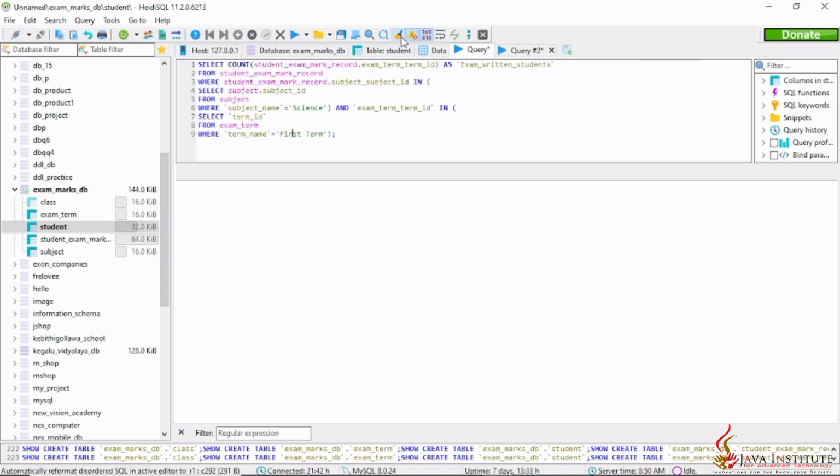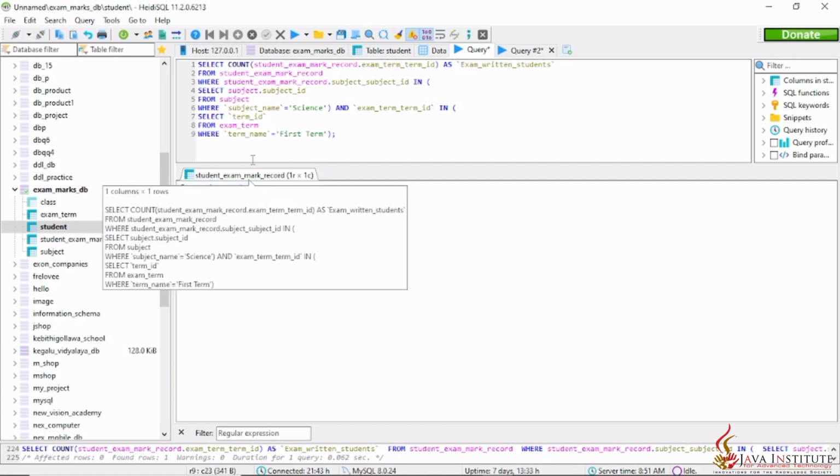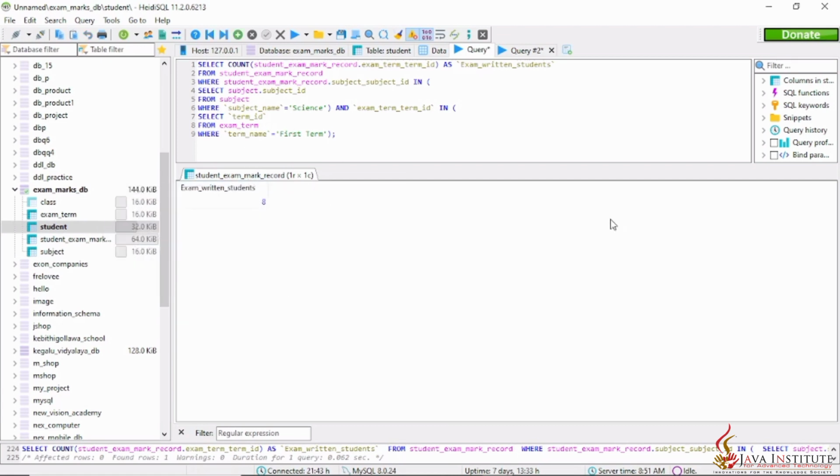So this is the query. Then let's execute it. You can see the exam written students. The count of the exam written students has come here as 8. So let's see whether it's correct or wrong.